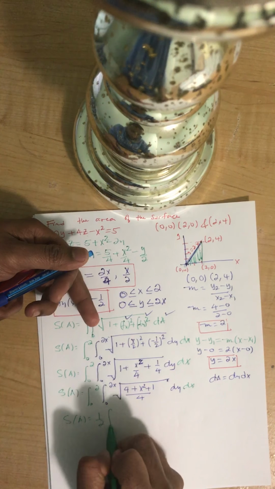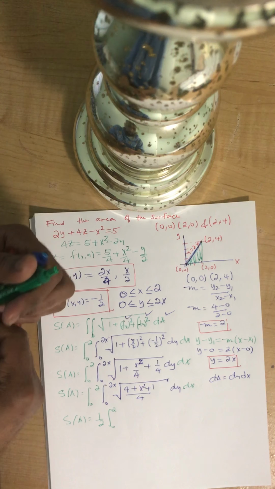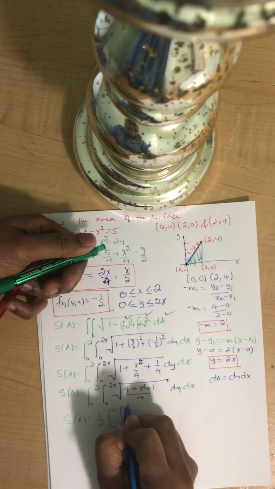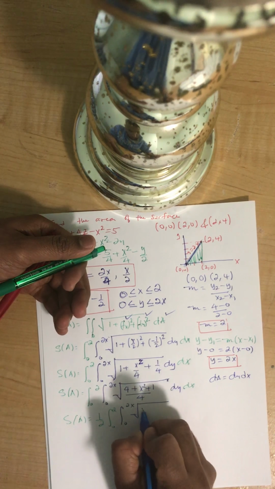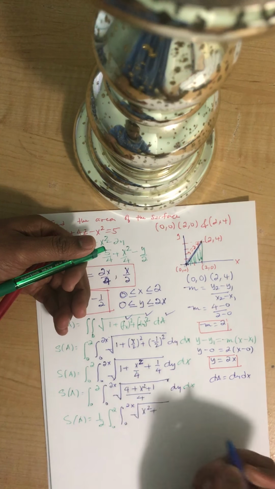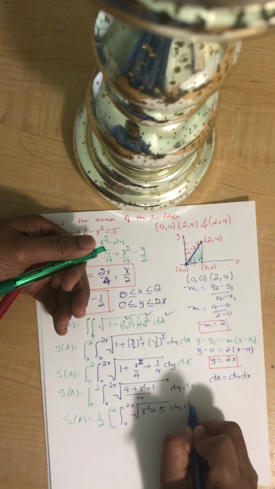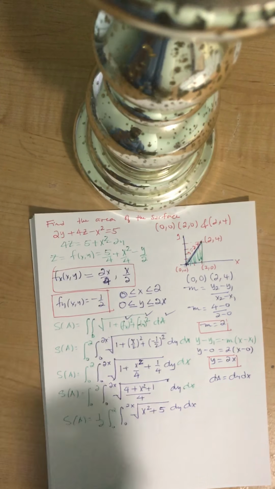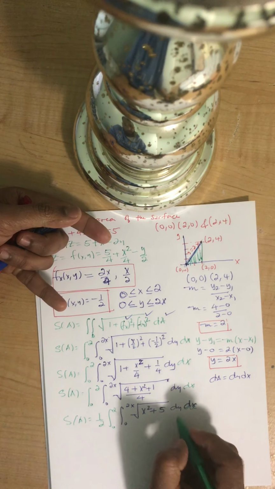This is equal to half times the integral of the square root of x squared plus 5, dy dx.